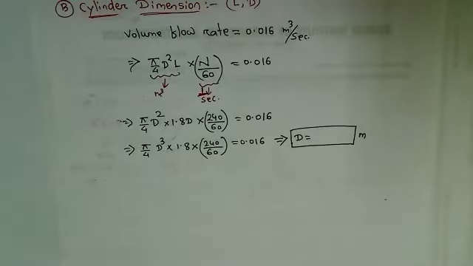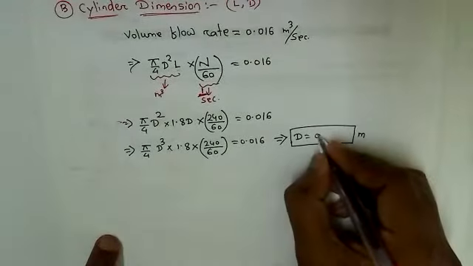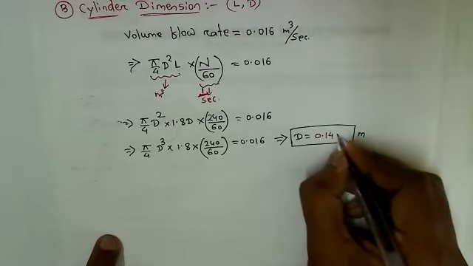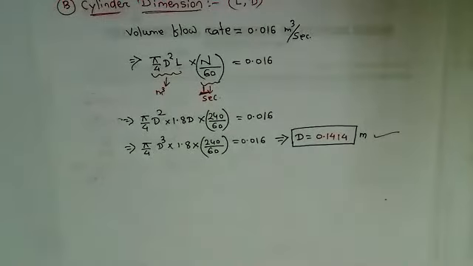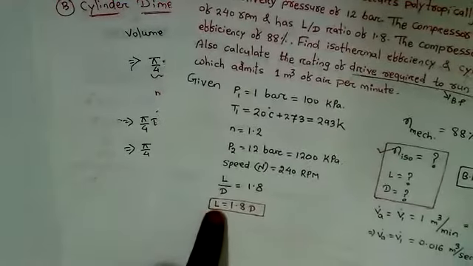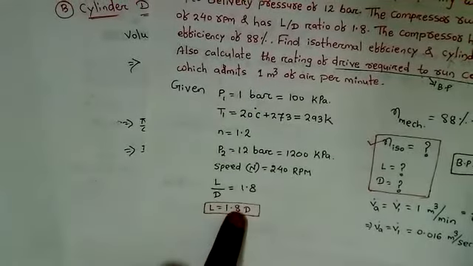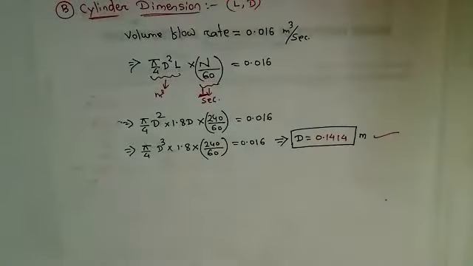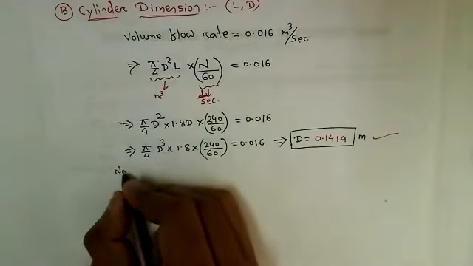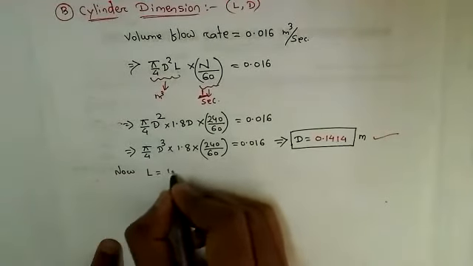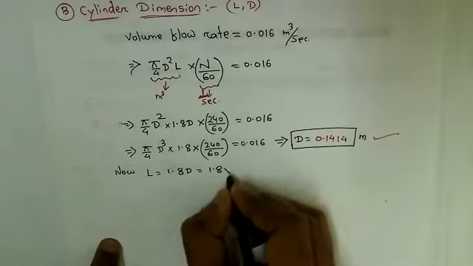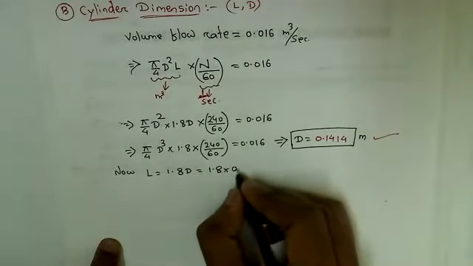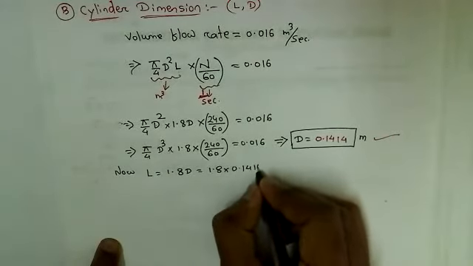0.1414. Okay. So if we take the cube root, the answer we will get is 0.1414 meter. Now how to calculate the length? Length equal to 1.8 d, which is equal to 1.8 into the diameter we got, 0.1414.